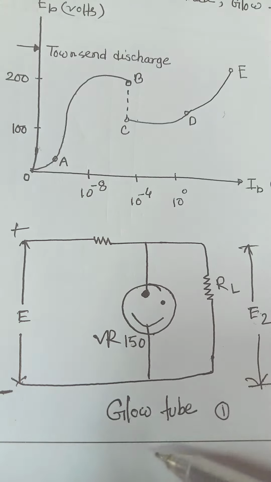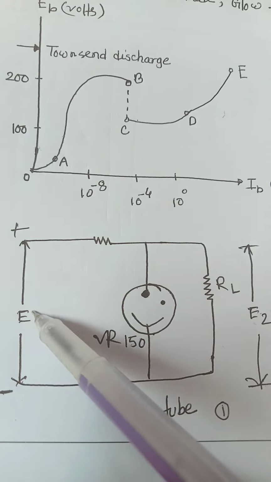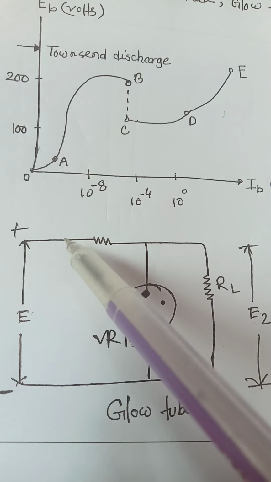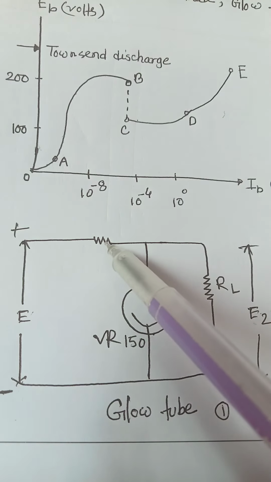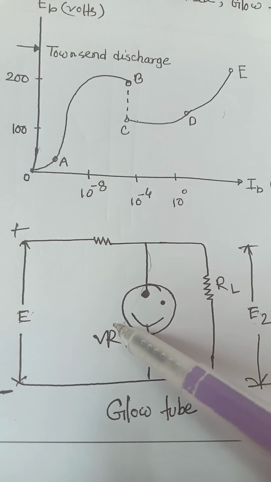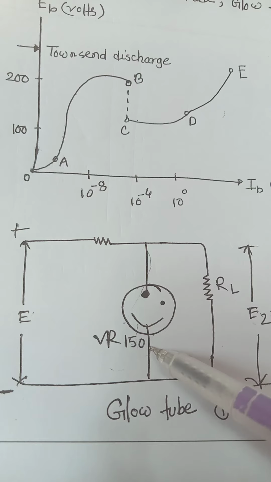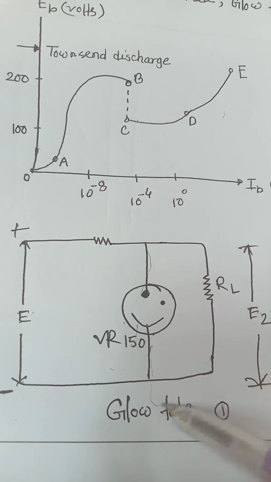This figure shows the voltage regulating tube. It is a simple circuit commonly used to maintain constant voltage across the load.